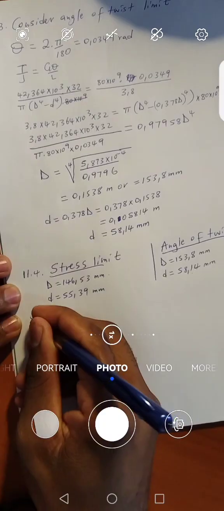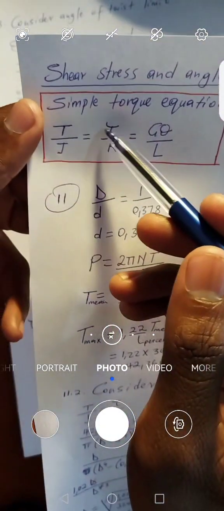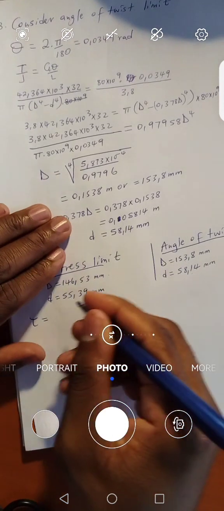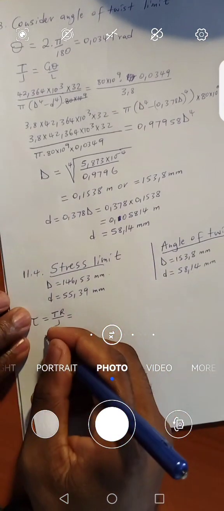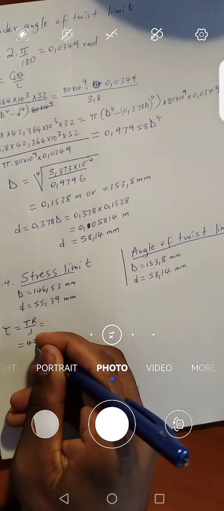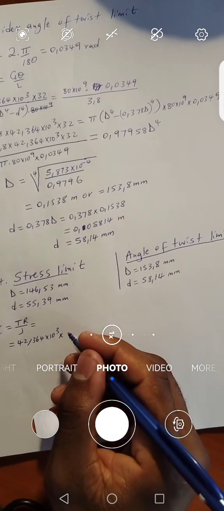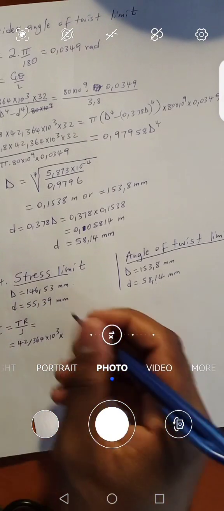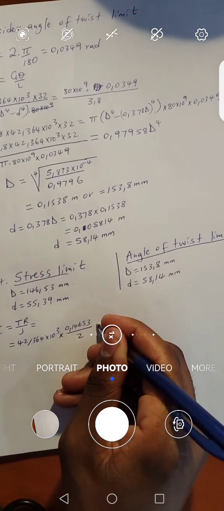So the shear stress from this will be, if you go to that torque equation formula and make the shear stress the subject of the formula, then you will have T R over J. Then you substitute there, you will have 42.364 multiplied by 10 to the power 3 multiplied by R. I said that always you take the big diameter, divide by 2, then you'll have 0.14653 divided by 2 multiplied by 32.